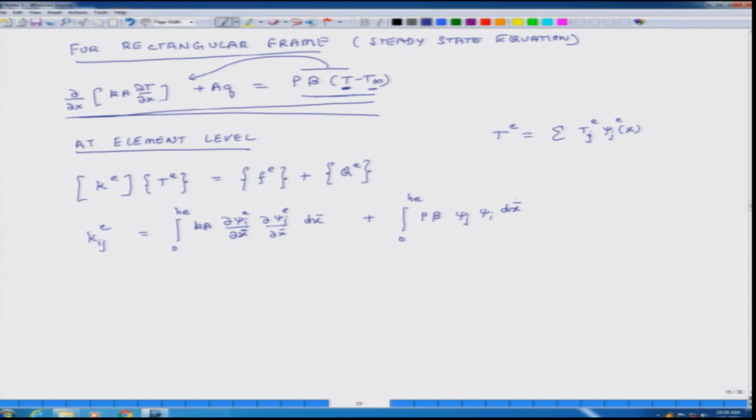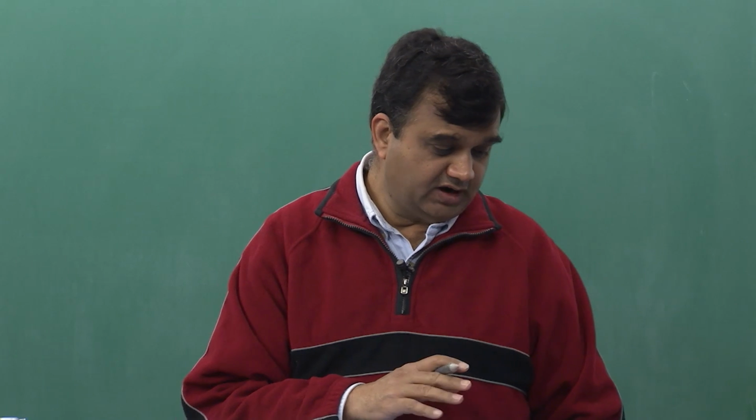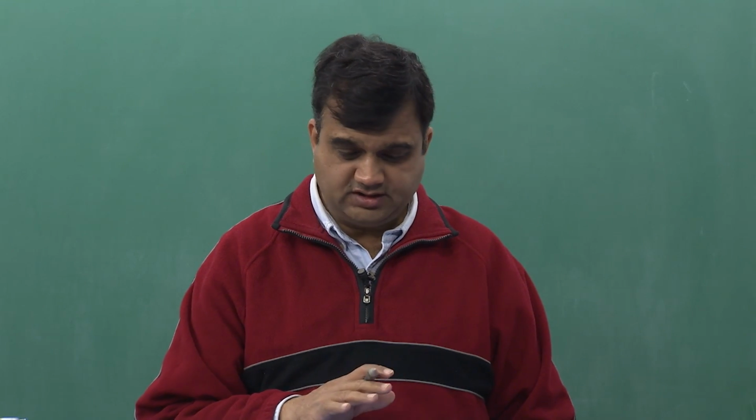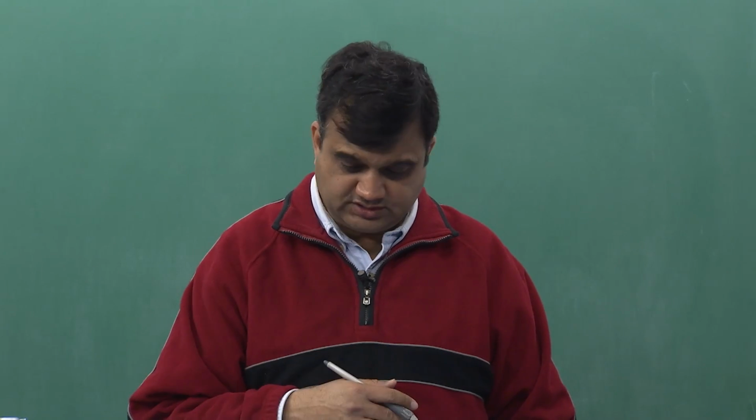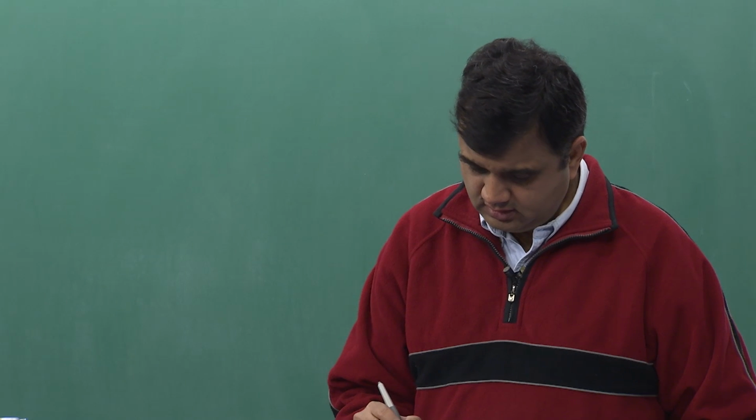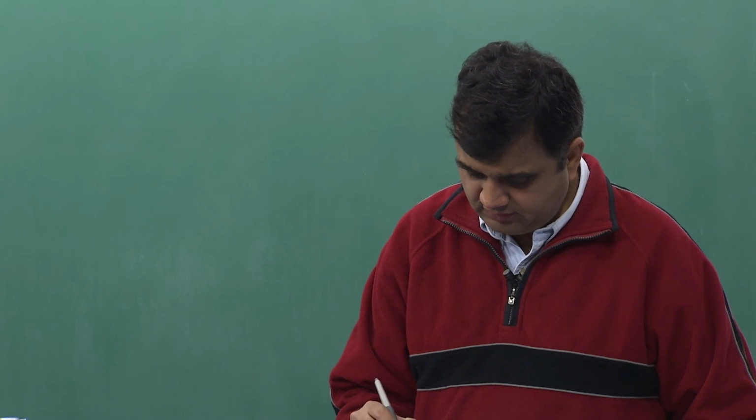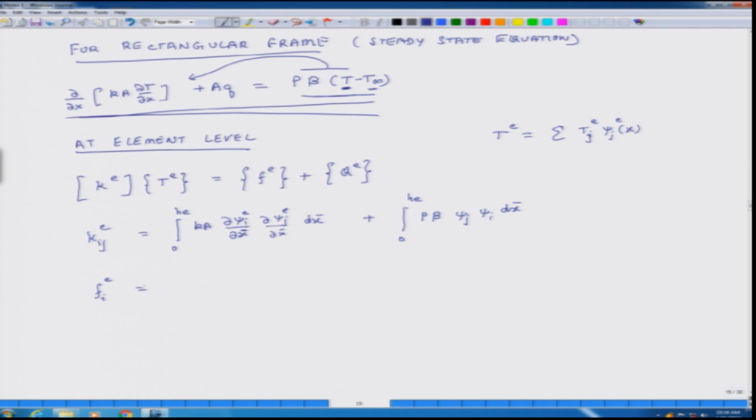This is all Rayleigh-Ritz formulation. So, the weight function is same as psi, yes. By default we will be following Rayleigh-Ritz formulation in this whole system. Then my F I equals the integral from 0 to He. F is the source term which relates to how much heat is being generated.